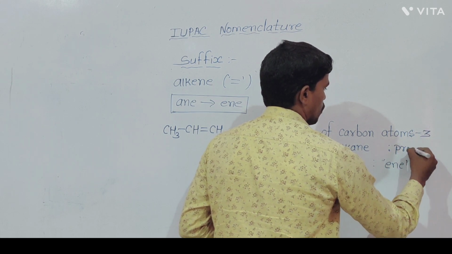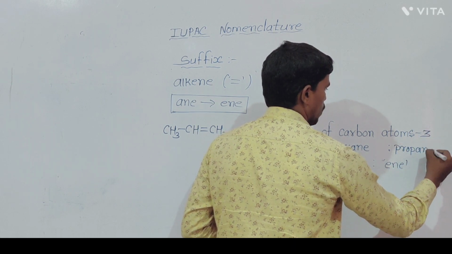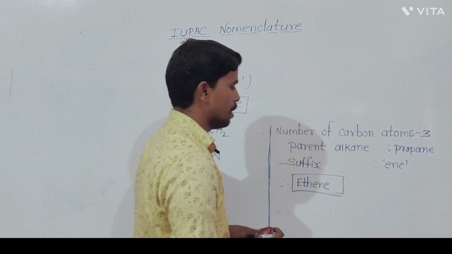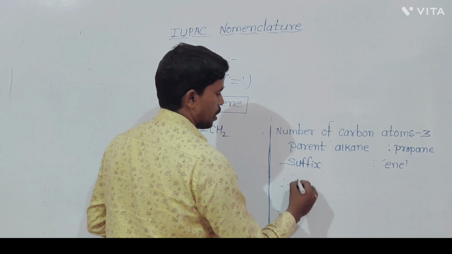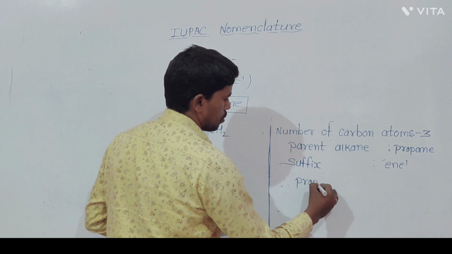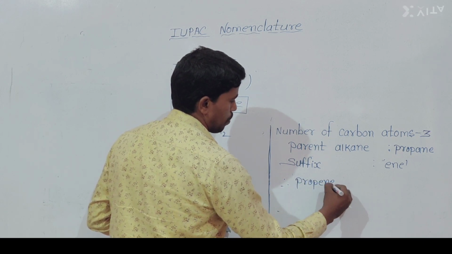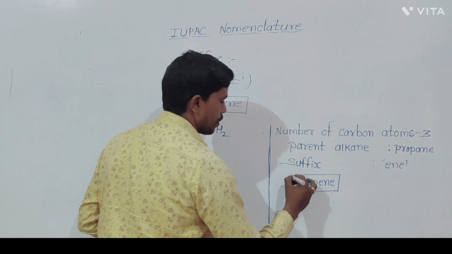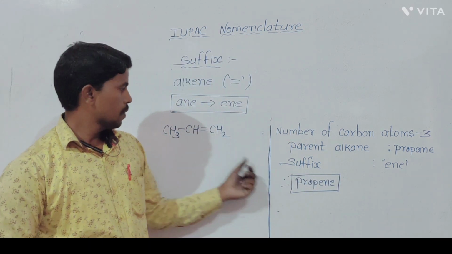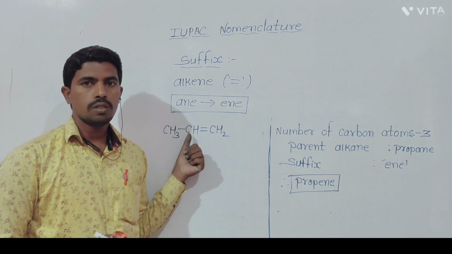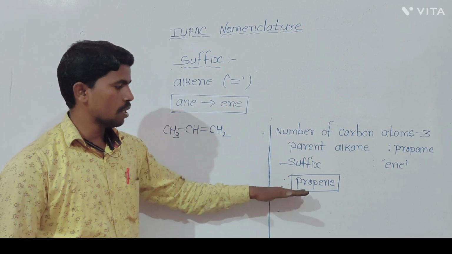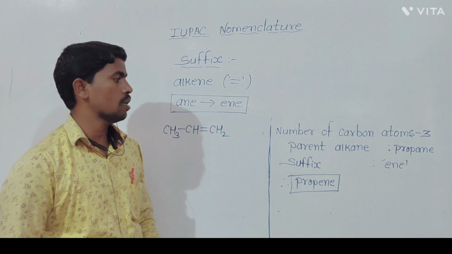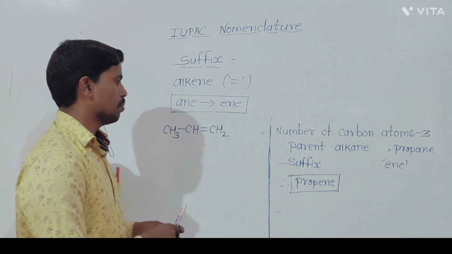The parent alkane of 3 carbon atoms is propane, and the suffix is ene, and therefore the name of the given compound becomes propene. Propene is the name of the given compound.